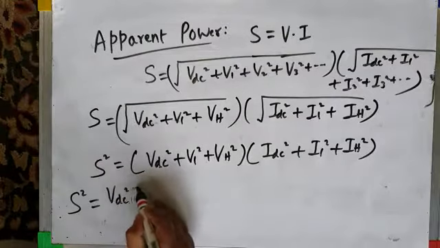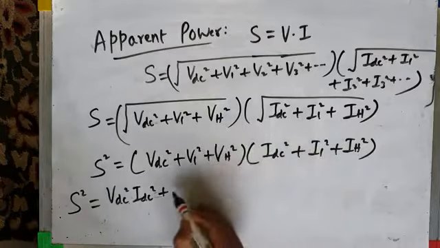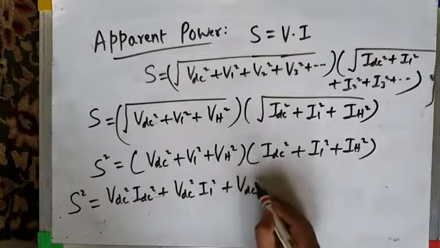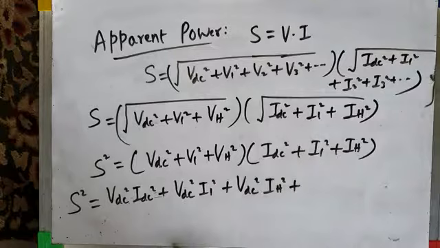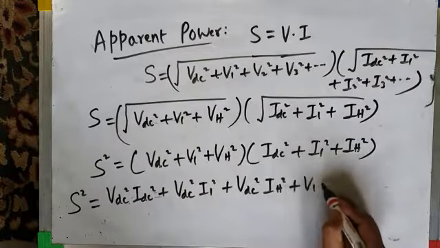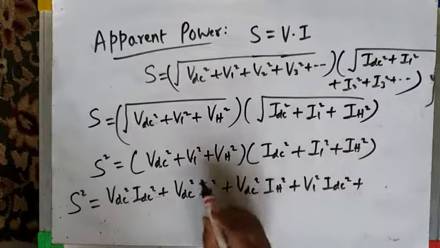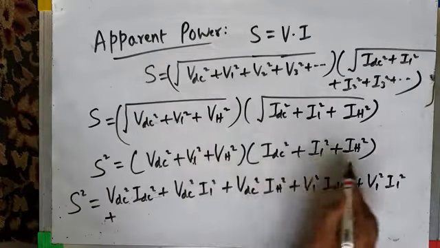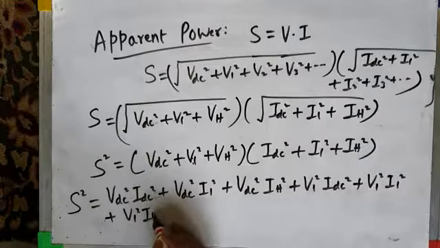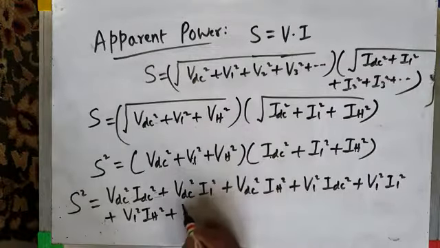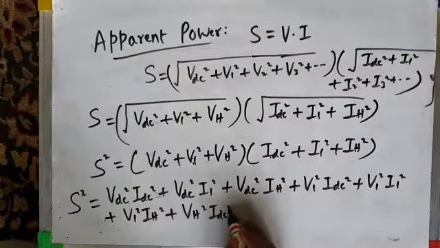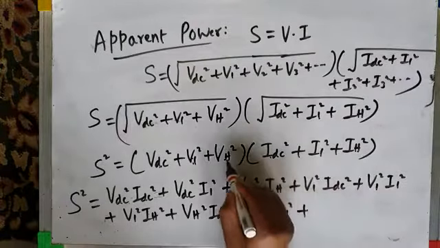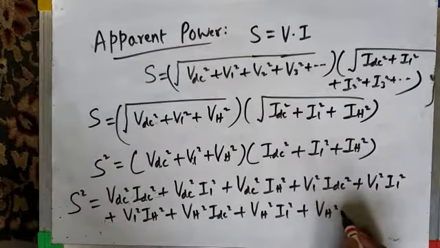So this is VDC square into IDC square, plus this into the second term, VDC square into I1 square, plus this into the third term, VDC square into IH square, plus this into this, V1 square into IDC square, plus this into the second term, that is V1 square into I1 square, plus this into the third term, that is V1 square IH square, plus now this into this, that is VH square IDC square, plus VH square into the second term, that is VH square into I1 square, plus VH square into IH square.